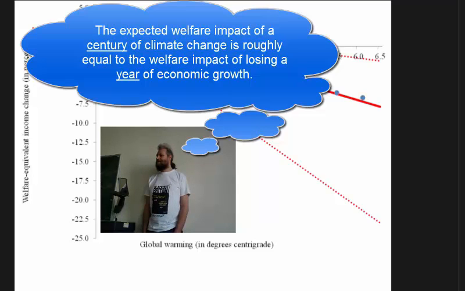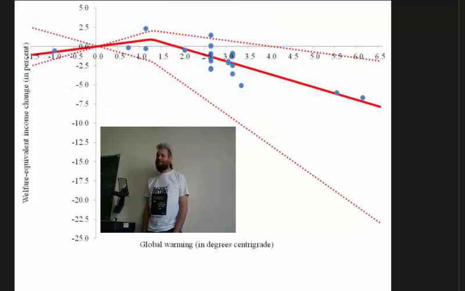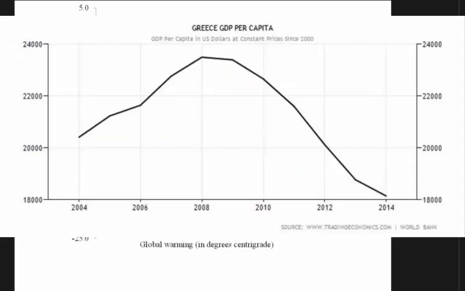So, say, roughly a century's worth of climate change is equivalent to roughly a year's worth of economic growth, losing a year's worth of economic growth. This doesn't suggest that this is the biggest problem of humankind, right? I mean, if you ask the Greeks, rather climate change or the euro, they lost 25% of their income between 2008 and 2012.